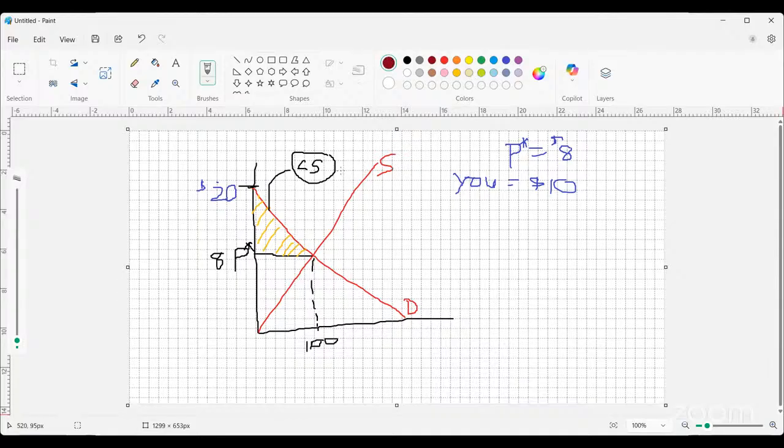What you have to do is take the difference between the maximum willingness to pay and the market price, in this case $12, multiply by the quantity, in this case 100, and divide by 2. Why do we have to divide by 2? It's a linear demand curve, and we take the entire rectangle and half of it. So divide by 2.